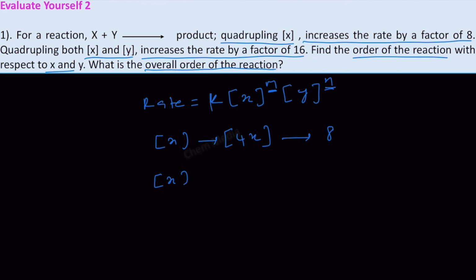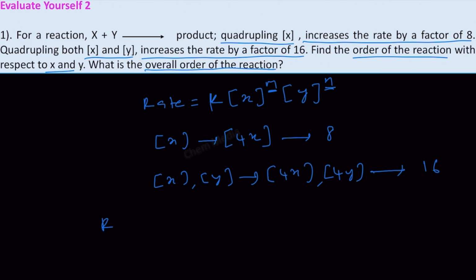When both x as well as y are quadrupled, that is when the concentration changes by a factor of 4 for both x and y, then the rate is multiplied by a factor of 16. Therefore, we can write two equations.